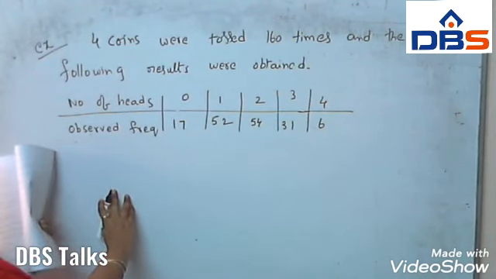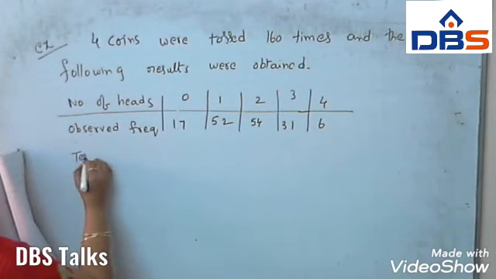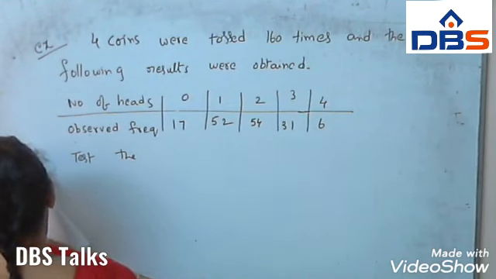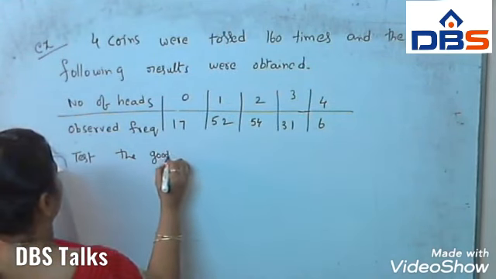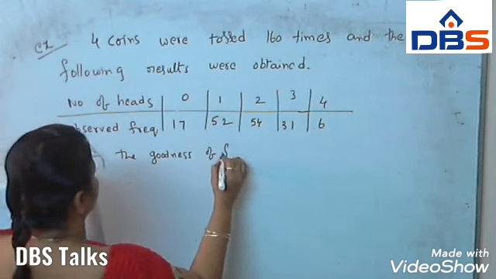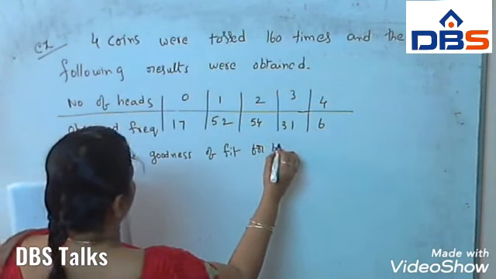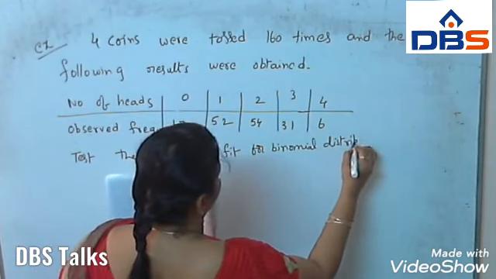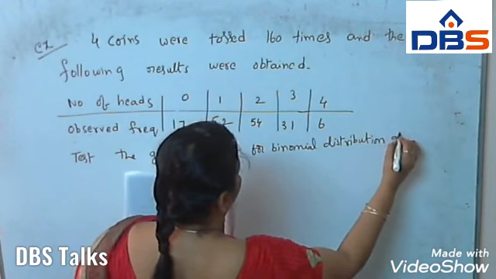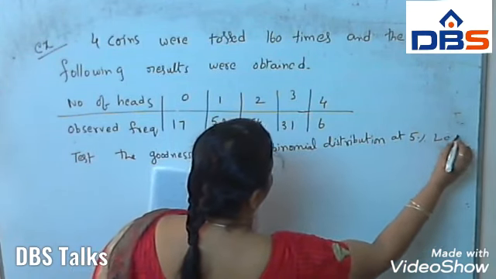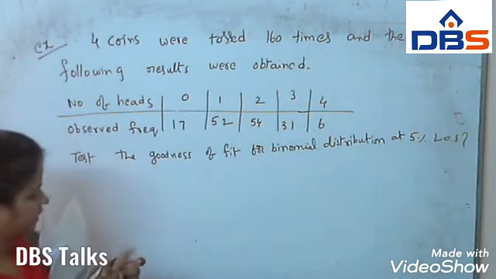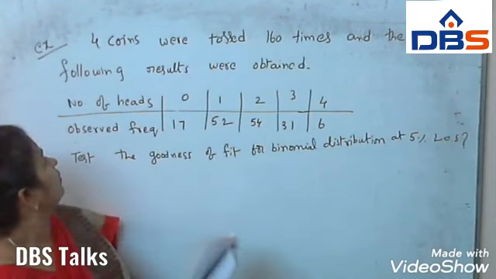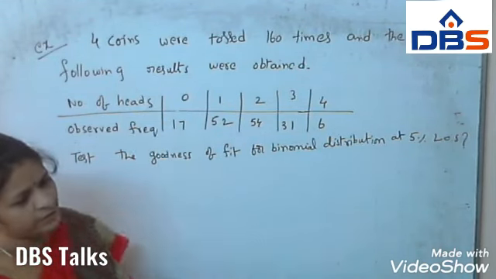Using this information, we have to test the goodness of fit for binomial distribution at 5% LOS. So this is the given question. The experiment is tossing 4 coins.